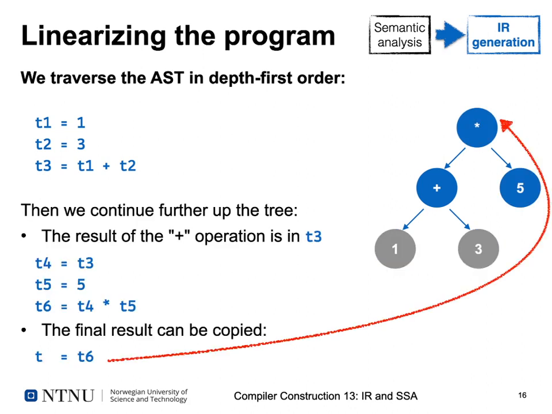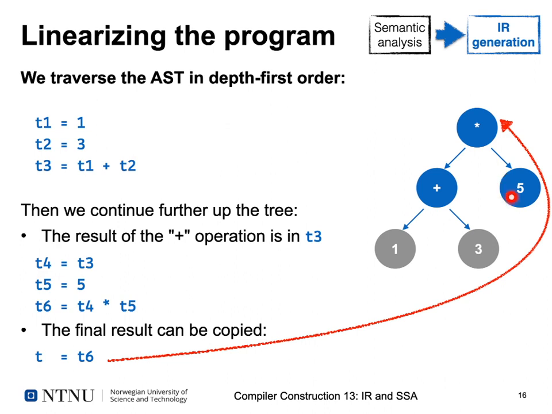And then we can continue further up the tree. So we know the result of our plus operation is stored in T3. So we can use this as the left-hand side expression for our multiplication. So we do another depth first order traversal and end up at our 5 here, which is a leaf node. So we know we can copy the value of our left expression, which we stored in T3, into a new temporary variable T4.